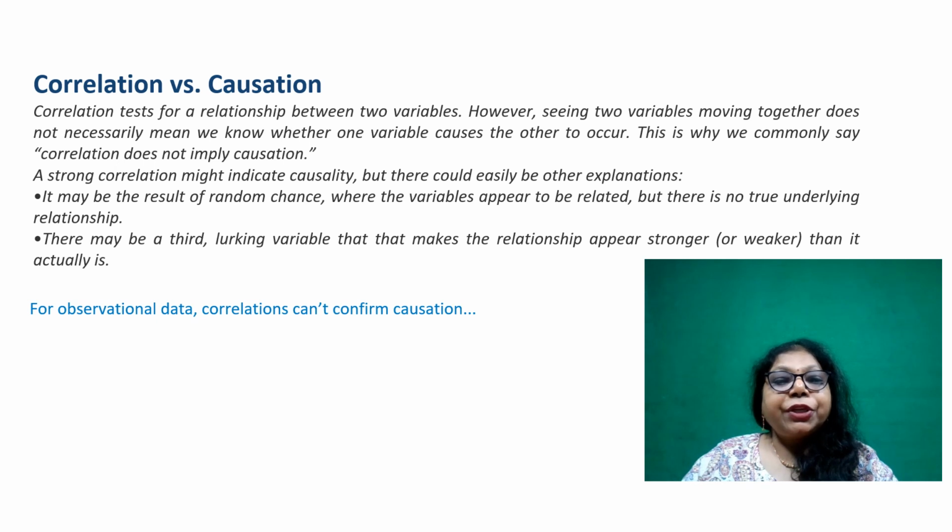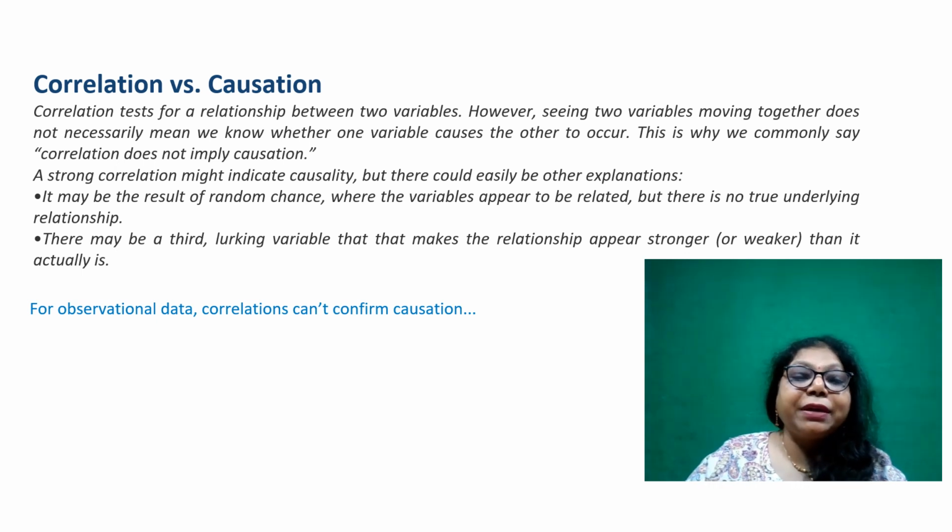For observational data, correlations can't confirm causation. Correlations between variables show us that there is a pattern in the data, that the variables tend to move together. However, correlations alone don't show us whether the data are moving together because one variable causes the other.